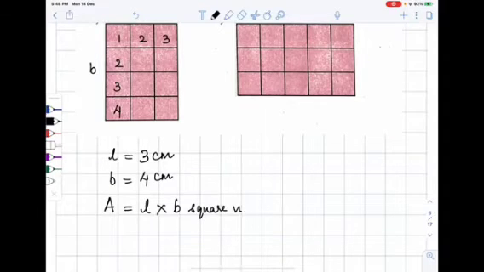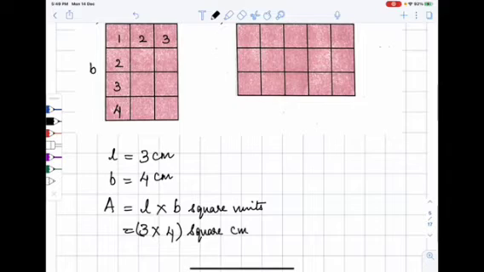Square units. So this is equal to L is 3 into B is 4. Both the units are centimeters, so we will just write square centimeters. The short form for square is SQ.